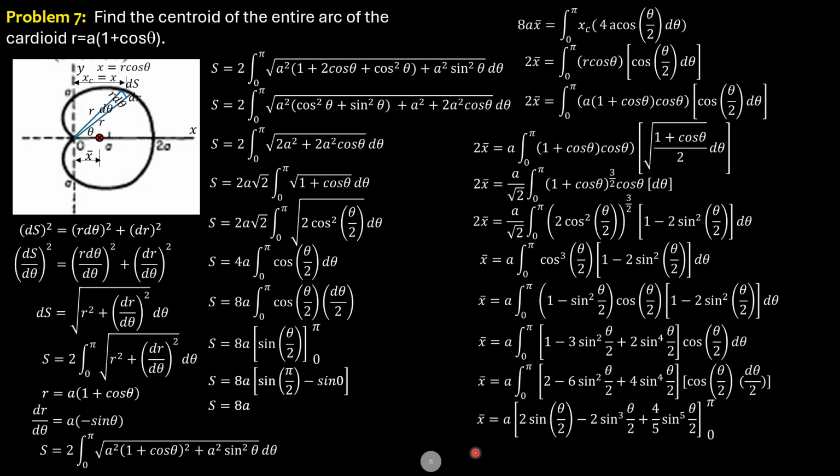So x bar is a quantity 2 times 1 minus 2 times 1 cube plus 4 fifths of 1 to the fifth, minus the lower limit, where everything would be 0. So 2 minus 2 cancel, and this is 4 fifths. So 4 fifths of a is 4 fifths a. So the centroid therefore is at quantity 4 fifths a comma 0.